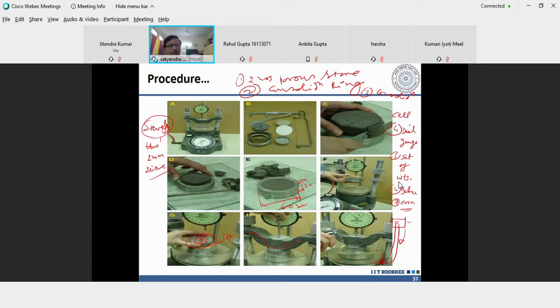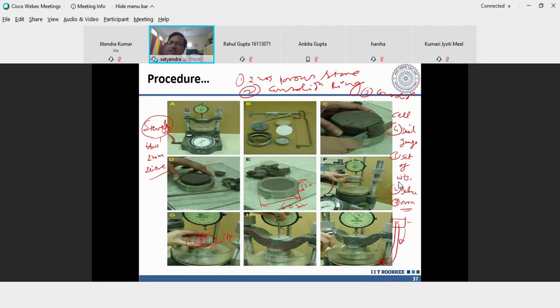Now, after mounting the soil sample onto the setup, we select some pressure increments, or you can call it loading increments. And every load is applied for 24 hours. Then next day, we come to the laboratory again and we double the previous day's loading.